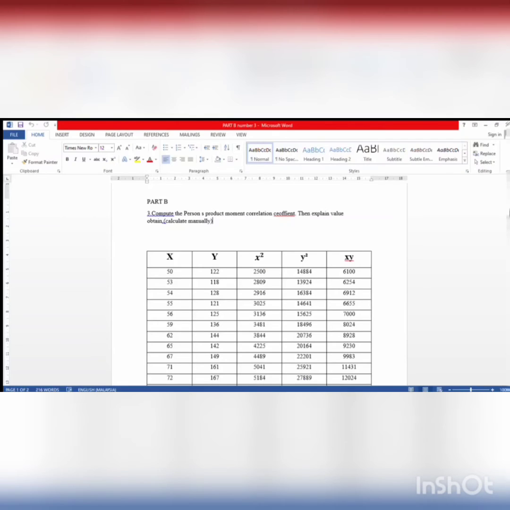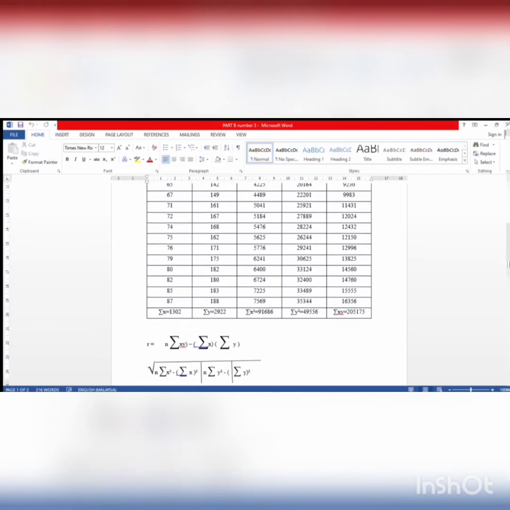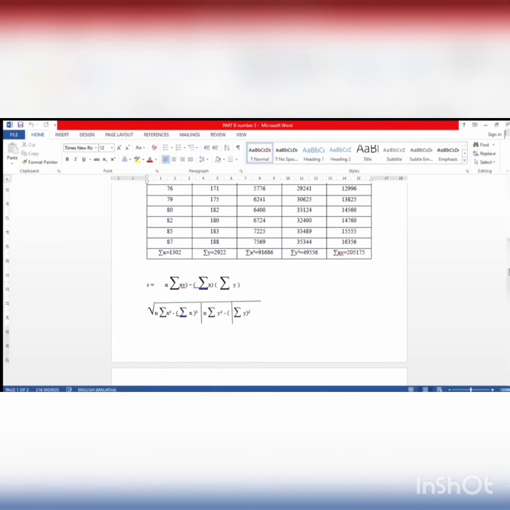Now, I will explain about the correlation coefficient. This is the table. To get the Pearson product moment correlation coefficient, you must use this formula.